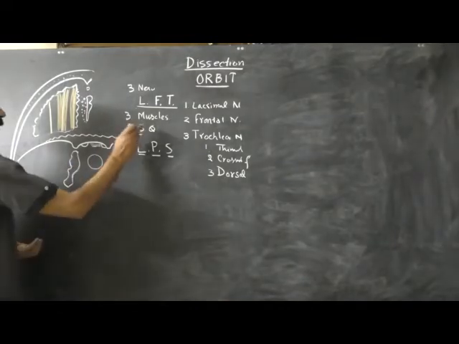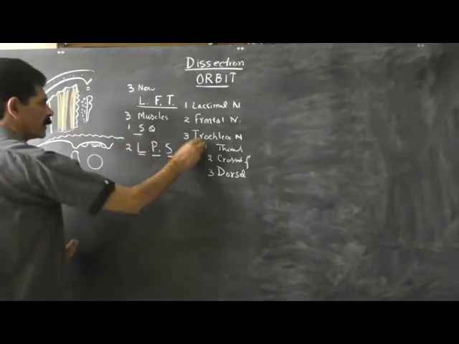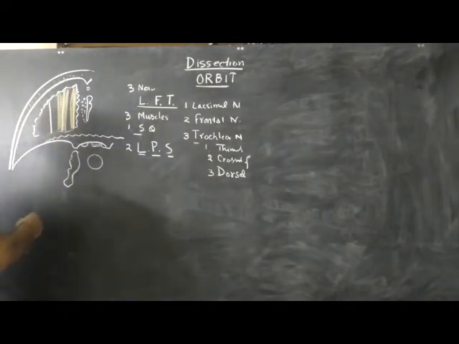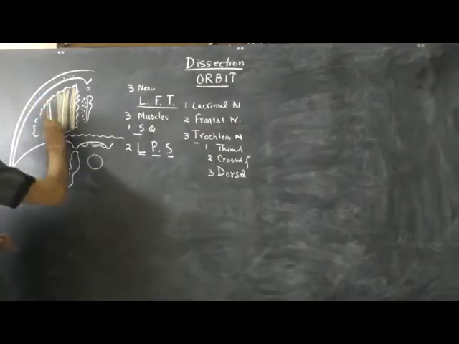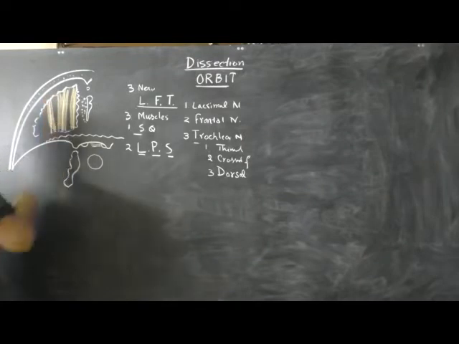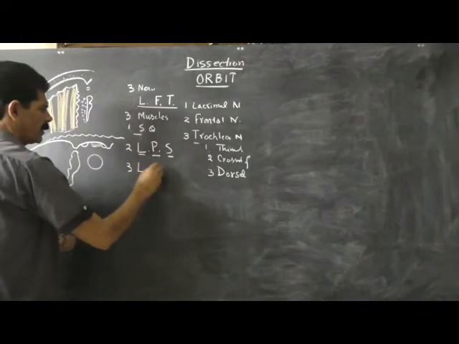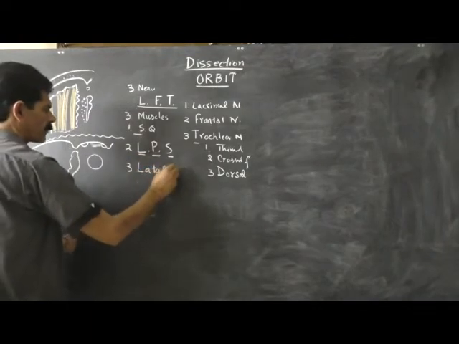And in relation to the lacrimal nerve, laterally, here lies a muscle that is the lateral rectus. So this is the third muscle we encounter, that is the lateral rectus.